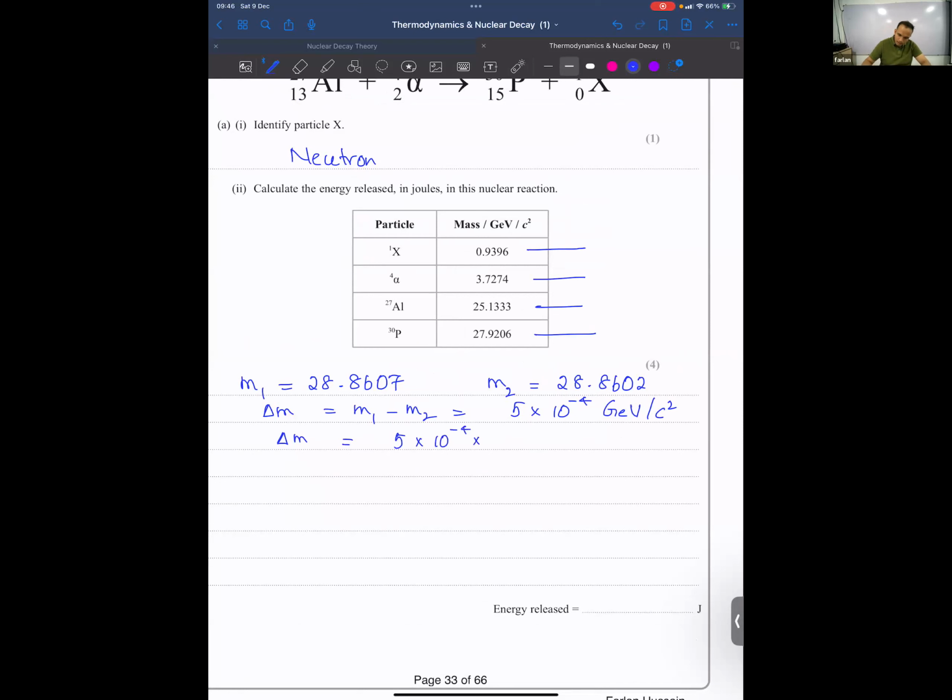To convert giga electron volts, first we have to multiply by 10 to the power 9 to convert giga electron volts to electron volts. And then to convert electron volts to joules, it is 1.6 into 10 to the power minus 19, over c squared. c is 3 into 10 to the power 8, and that needs to be squared. This gives you the mass defect in kilograms.